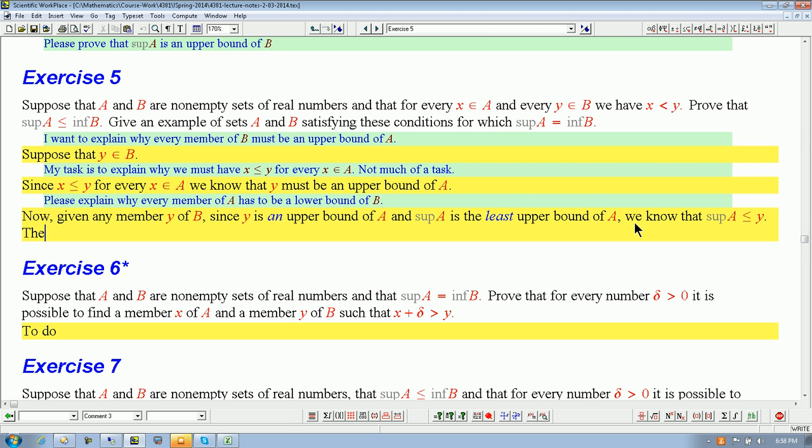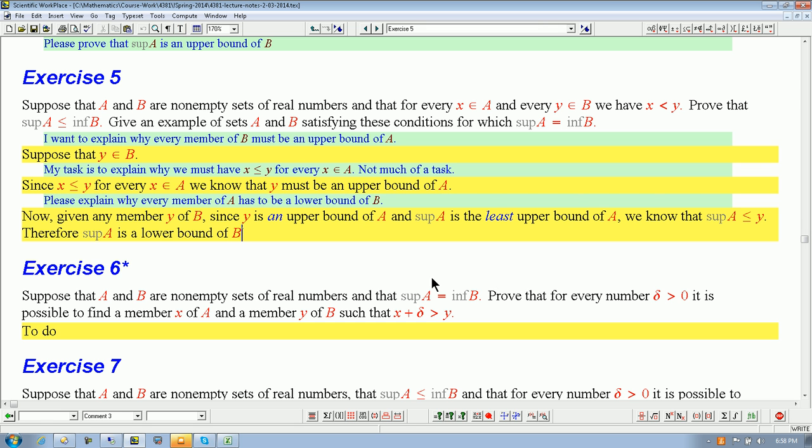Therefore, you say therefore in order to make a conclusion. When you say, I am going to conclude from information I have at my hands that something happens, that's therefore. Therefore, sup A is a lower bound of B.